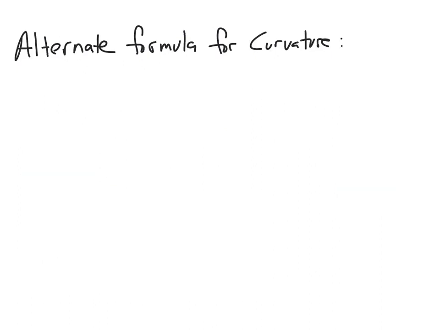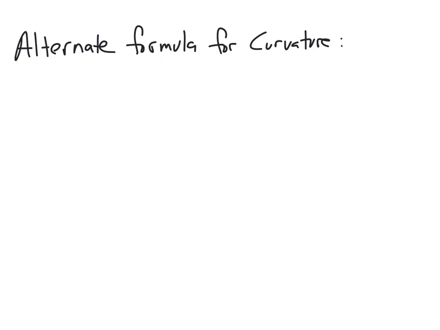There are many alternative formulas for computing the curvature of a function. Here we're going to look at one additional one, which is sometimes useful and sometimes easier to use than the unit tangent vector definition.